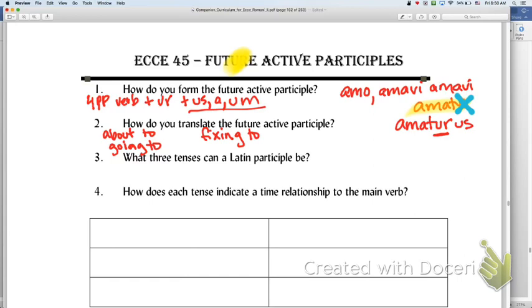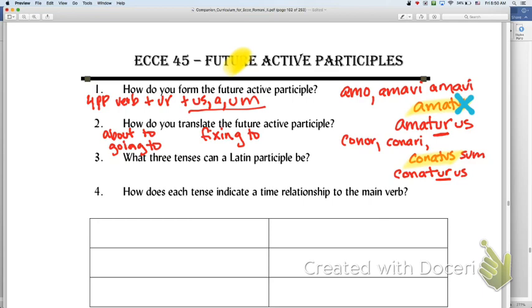Okay, one thing that I forgot to mention up here is if you have a deponent verb, right? We got conor, conari, conatus sum. You generally form the future active participle the same way, except remember it doesn't have a fourth principal part, so you're going to use this part right here, and then make it conatur, and then us, a, um.